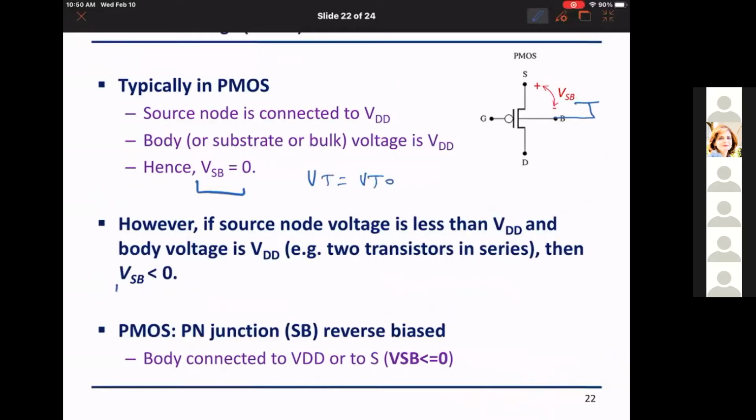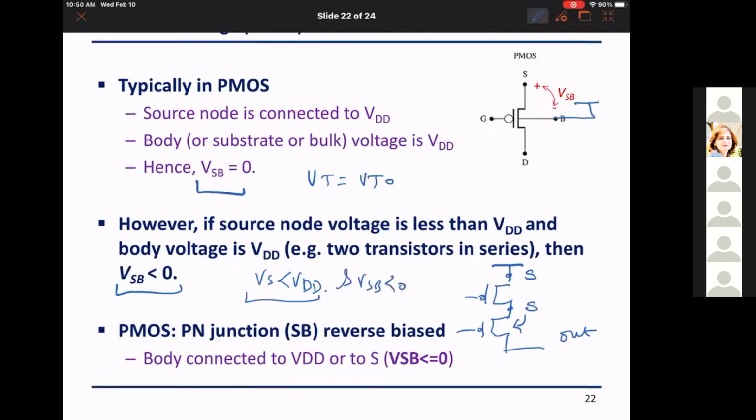However, when VSB is negative, meaning when VS is less than VDD, which is possible if I have two series transistors here, this one is connected to VDD and this one is the output. This source node is VDD, but this source node for this transistor is not guaranteed to be at VDD. So we can have VS less than VDD and hence VSB is less than 0.